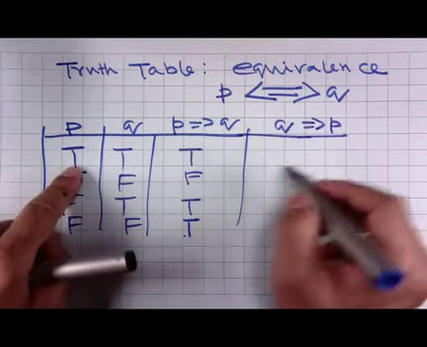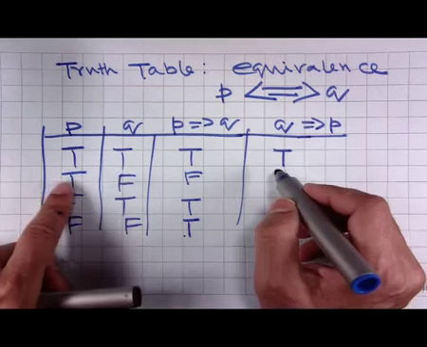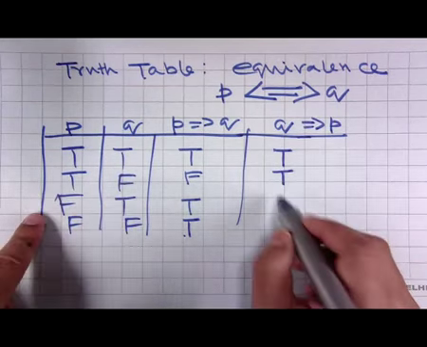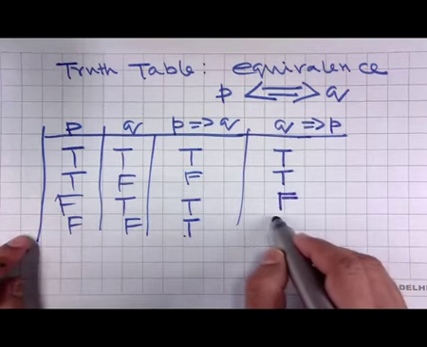If both are true, then this is true. If Q is false, but P is true, then this is true. But if Q is true, but P is false, then this is false, and when both of them are false, it is true.